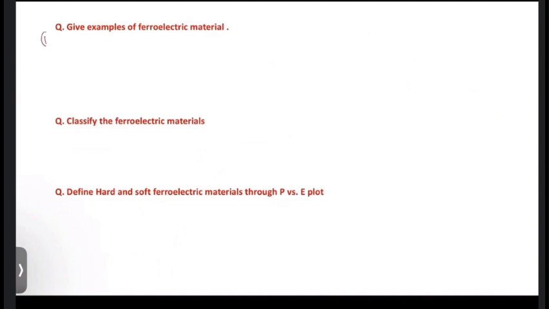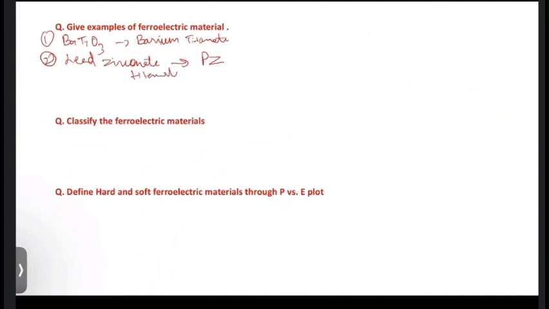We have the first example, BaTiO3, barium titanate. Second example, lead zirconate, that is called lead zirconate titanate.